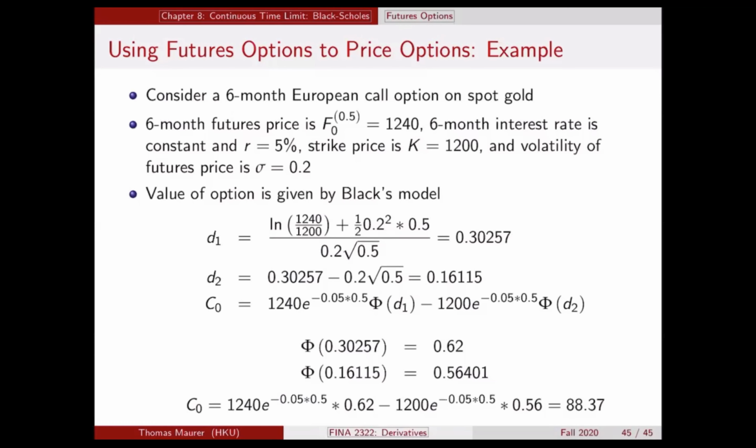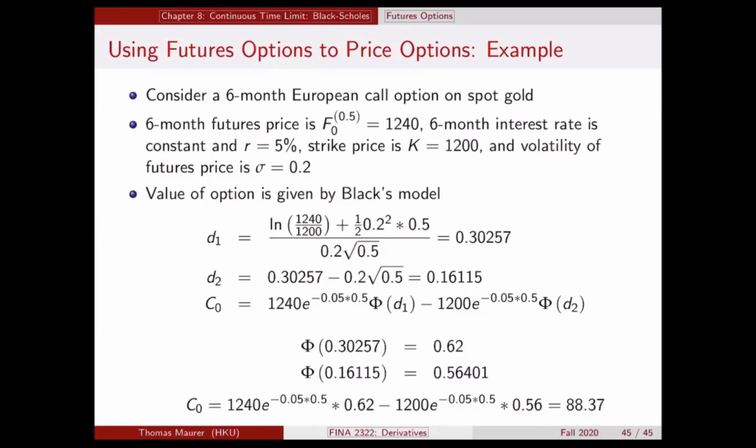Now it turns out if we have the futures already, and look at Black's formula for futures options, then we can do that without having to worry about storage costs or a potential convenience yield. How do we use Black's formula?